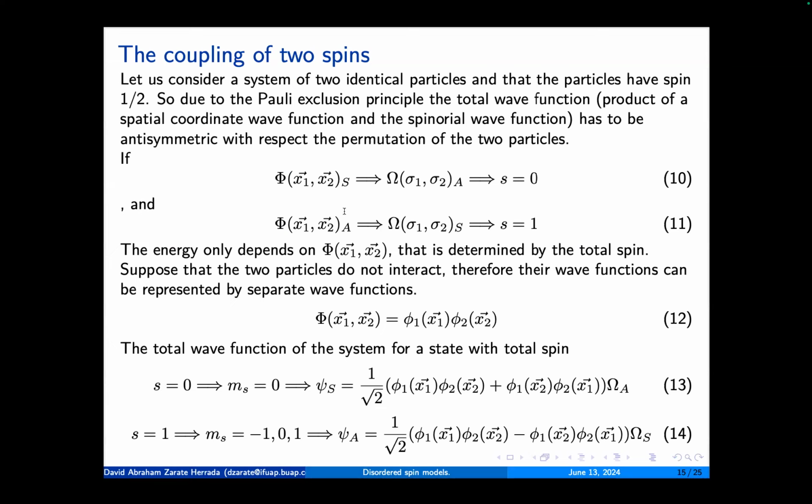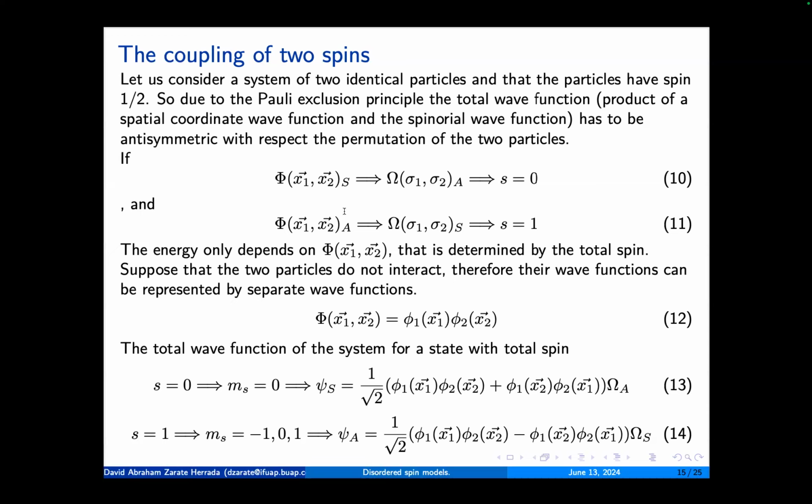We know that if our spatial wave function is symmetric, the function that has all the information about the spin must be antisymmetric, and vice versa.